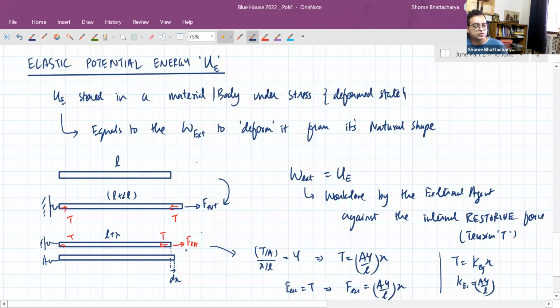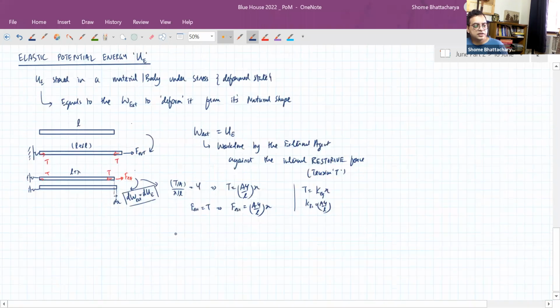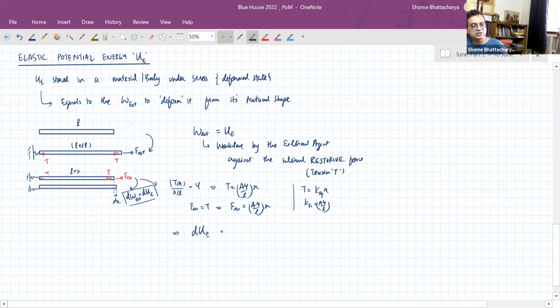Going from this to this, the differential work done by the external force is equal to the change in elastic potential energy. So the differential change in energy is the work done for that small displacement dx, which is AY by L into x dx.